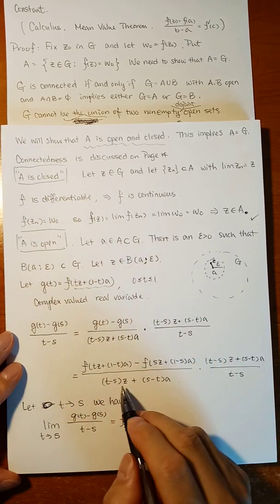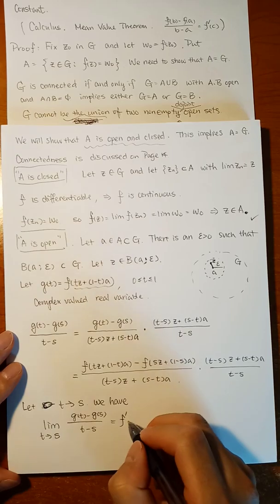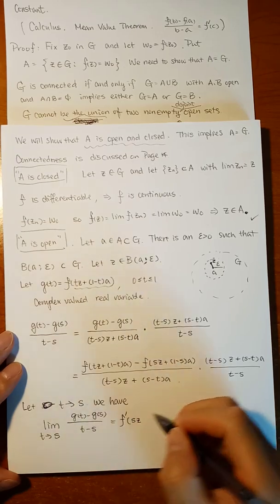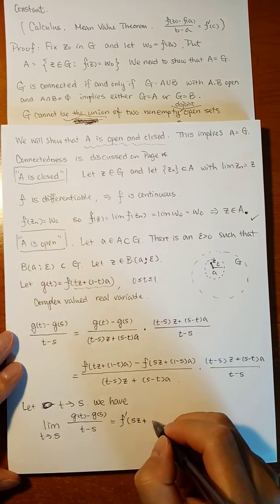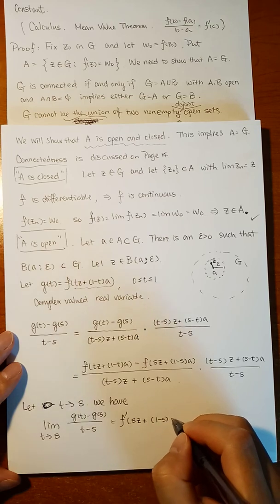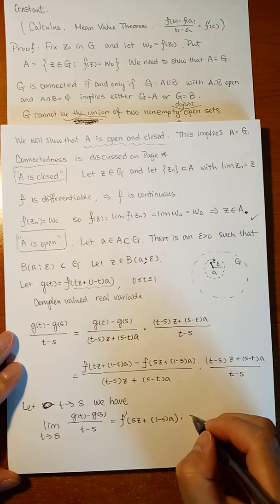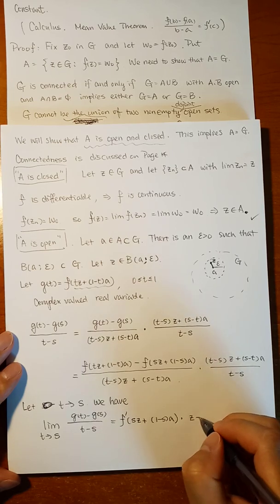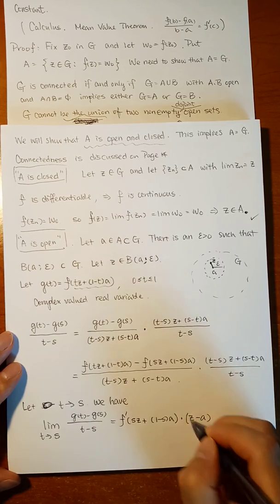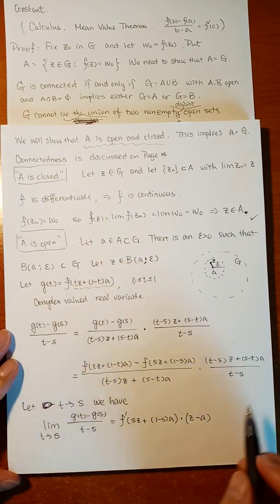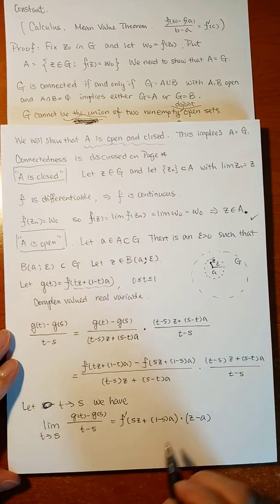You let t be s, but you differentiate f. Right? And then this part is z minus a. You cancel that, you will get z minus a.